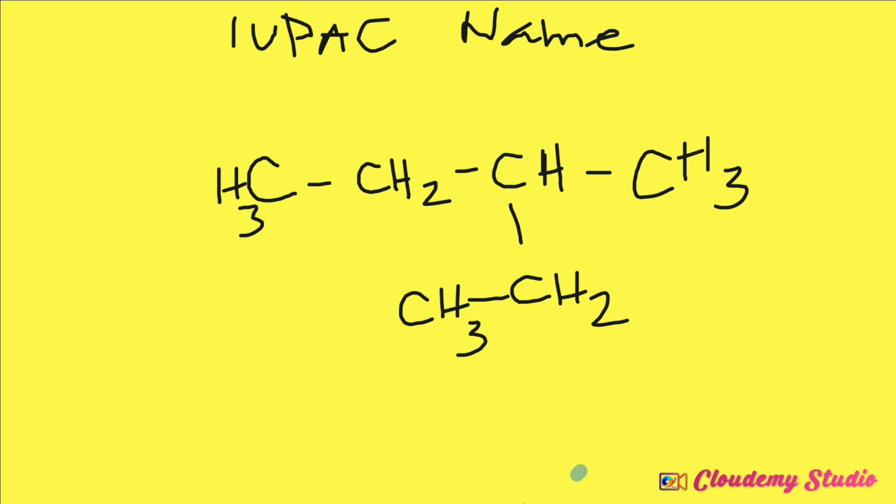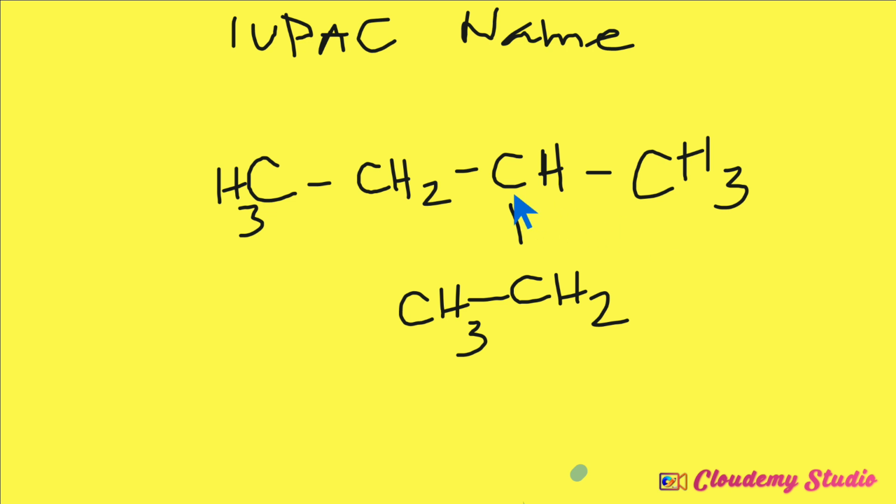Should we start numbering from the bottom end or from the top end? There is a confusion, so there is a rule we need to follow. Number so that the carbon atom containing the substituent or side chain gets the lowest number. Here the substituent or side chain is attached to this carbon.